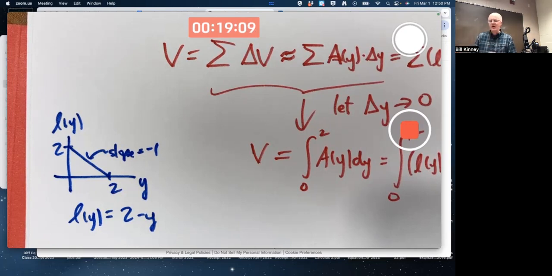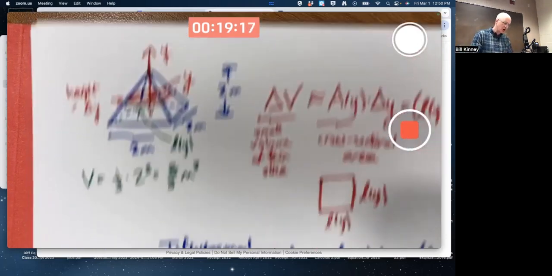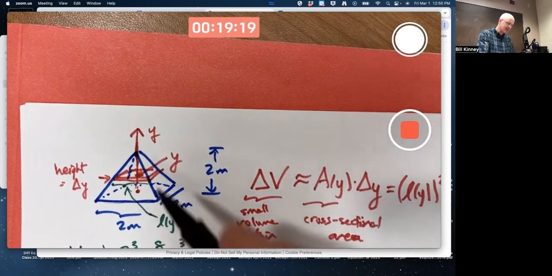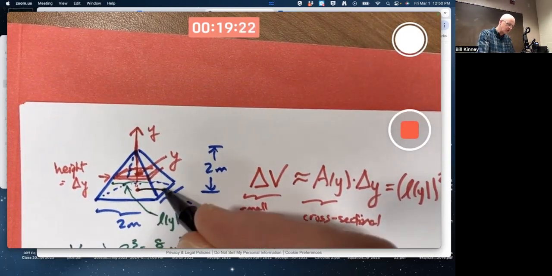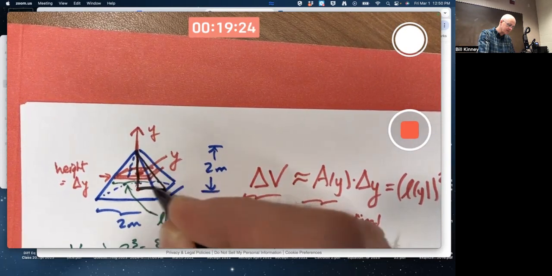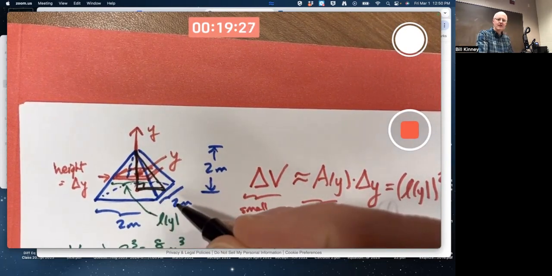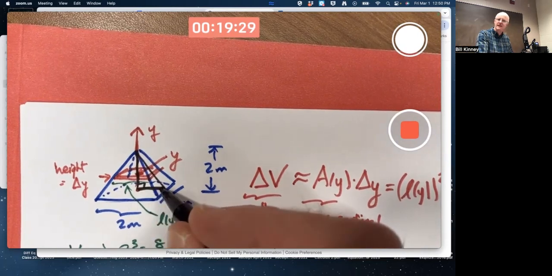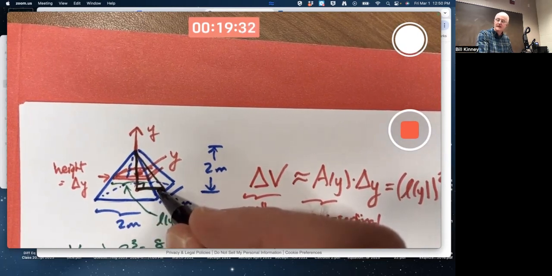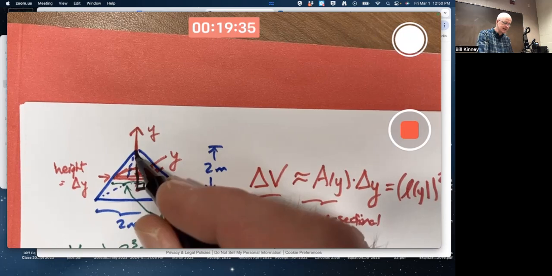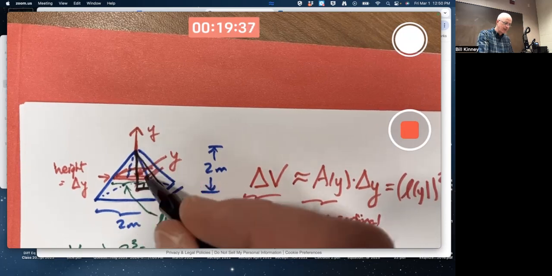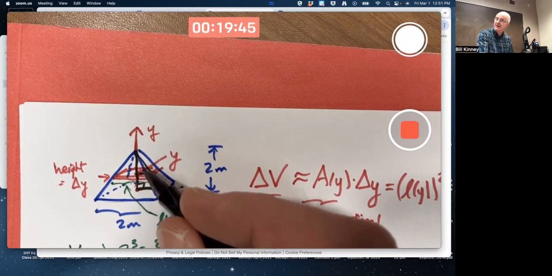Is there some other way to confirm this? We want to be a little extra sure of our answer here. We could go back up to this picture and maybe draw in a right triangle here, and notice that this side of this triangle has length L of y over 2. This side has length 2. I want to figure out this length right there of a sub-triangle of the bigger triangle that's similar to the bigger triangle with the same angles.